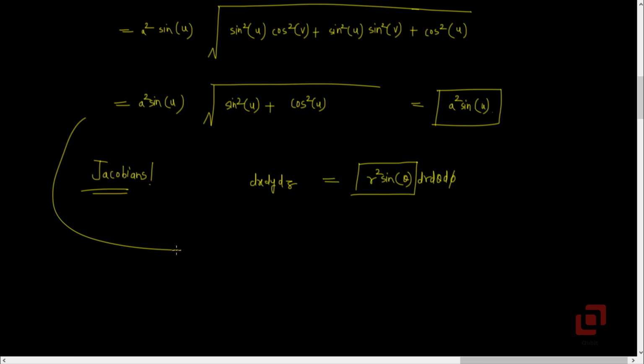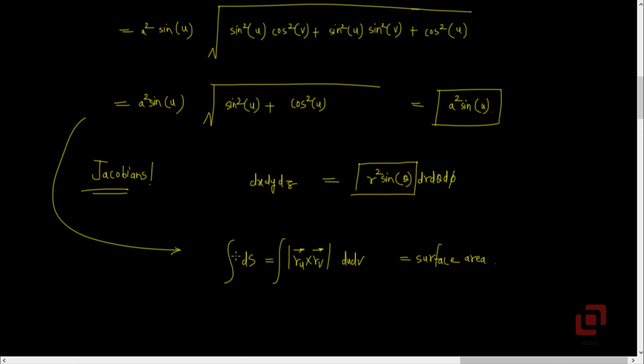Continuing with our problem, we have now got mod of ru bar cross rv bar. We have du dv, and this is ds. So if we integrate both sides, then we will get the surface area of the sphere.